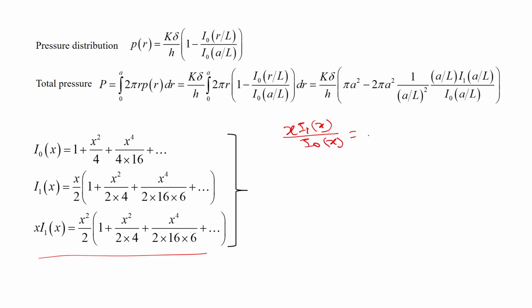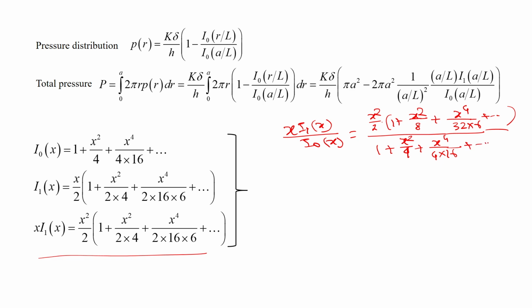So this will be equal to x into I0, which is 1 plus x square by 4 plus x to the power 4 by 4 into 16 over here, and I1 is x square by 2 into 1 plus x square by 8 plus x to the power 4 by 32 into 6, and so on, and here also so on.